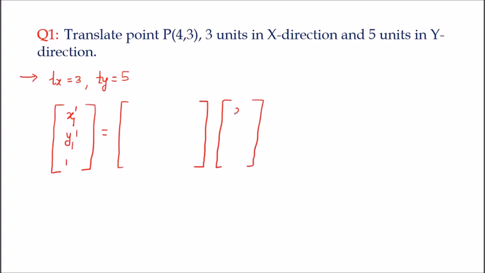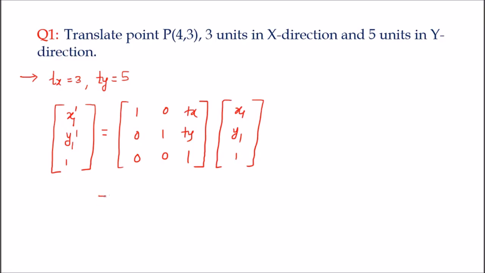So it is, suppose x1 y1 1, and the transformation matrix, in this case translation, is 1 0 tx, 0 1 ty and 0 0 1. In this way we will multiply the coordinates with the matrix.